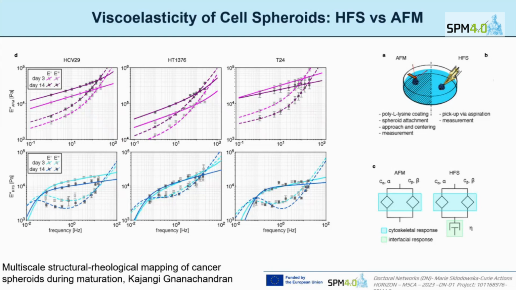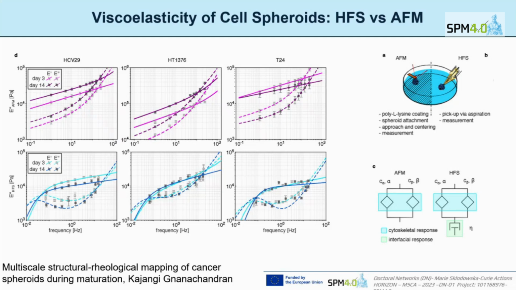This result shows behavior on different cell spheroids. So you can see the top images show AFM data. Here we have HFS data. And if you can recall the graph from a few previous slides, we can actually observe the same behavior as for polymers.